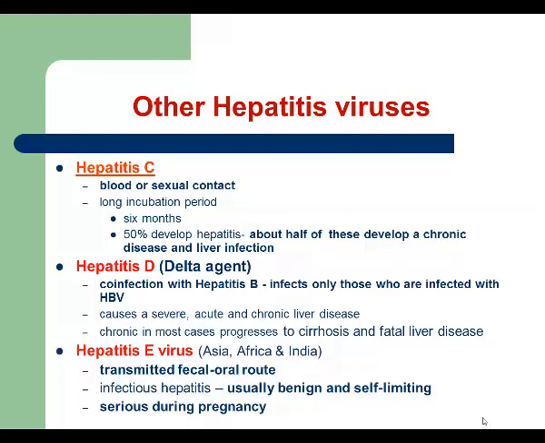Hepatitis C. Hepatitis C is caused by hepatitis C virus. The main modes of transmission for this infection will be through the blood or sexual contact. Usually, this type of hepatitis can be seen in high-risk groups of patients, for example, patients that go through dialysis, or patients that had blood transfusion.